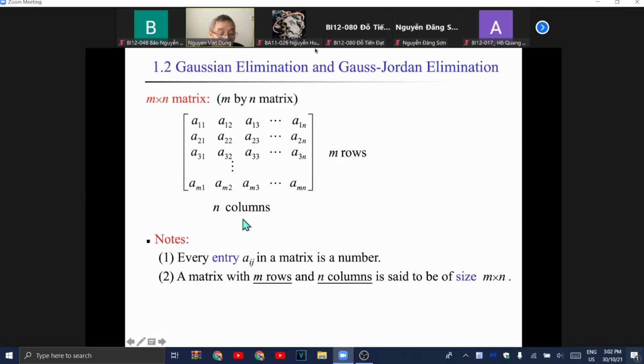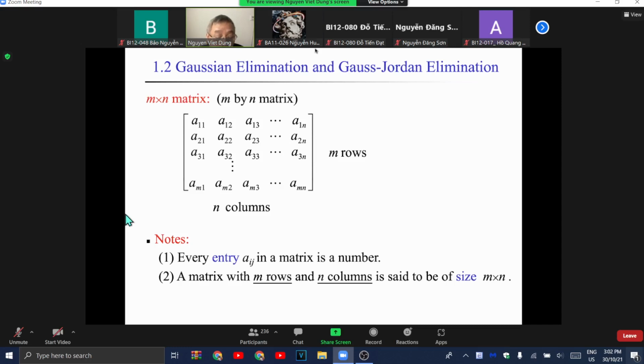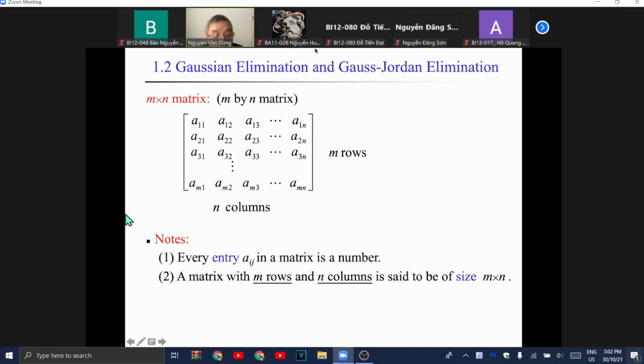So here we try to give it in a systematic way by giving it the name Gaussian elimination or Gauss-Jordan elimination.